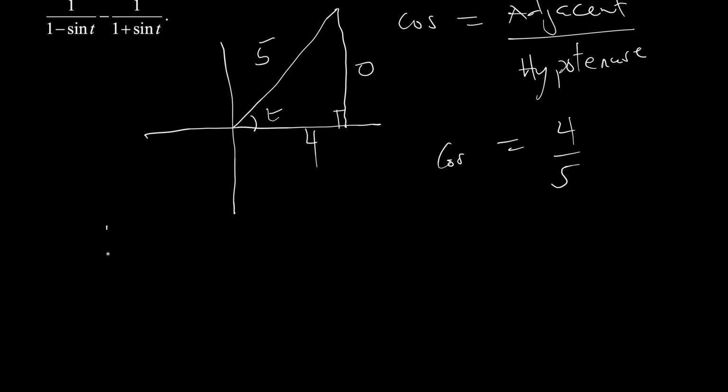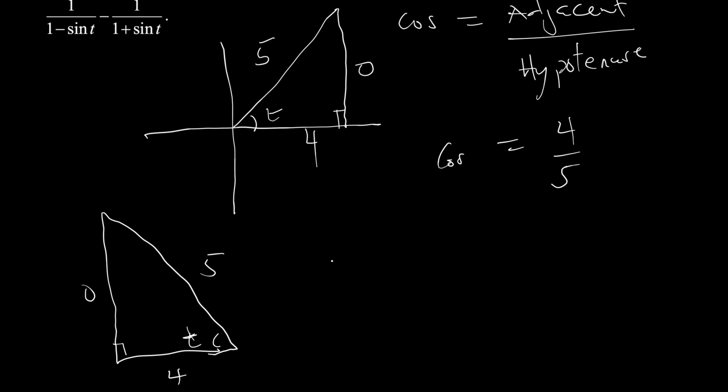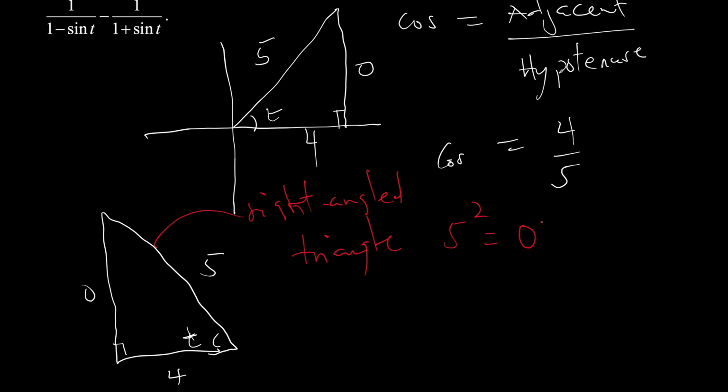So when we take the right angle triangle, we have 5, 4, and so from this right angle triangle, we can say that 5 squared is equal to O squared plus 4 squared.